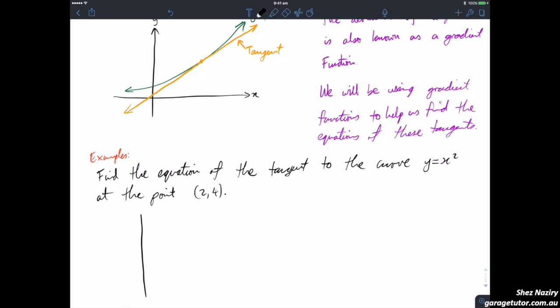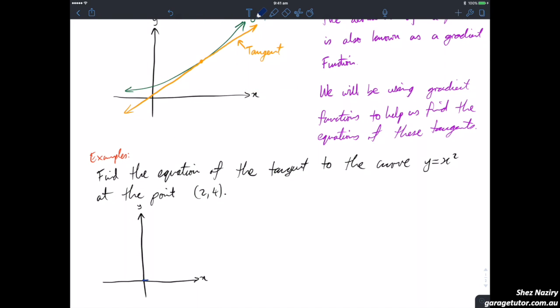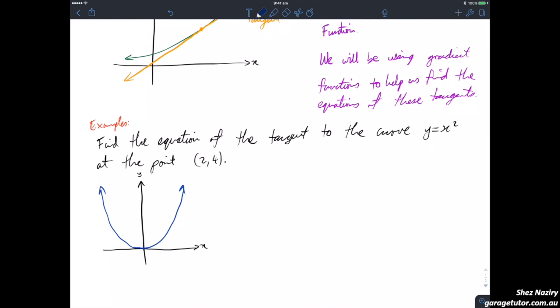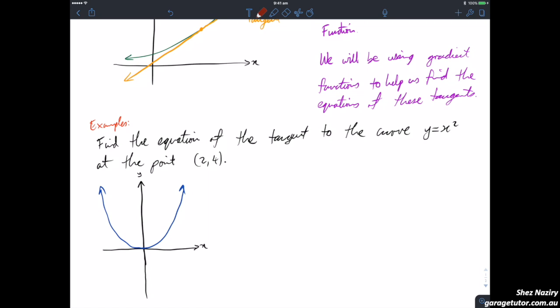When I draw this on the xy plane, guys, we have y here, x here, and I shall draw this somewhere here. Do I have to draw it? No, you don't have to draw it. I'm showing you to help you when you're doing some revision at home or when you're looking back at the notes. So here, y equals x squared. I want to find the tangent at (2, 4). Notice that (2, 4) lies on the graph, correct? (2, 4) is on the graph itself.